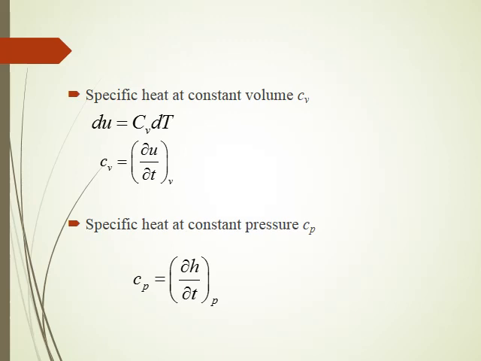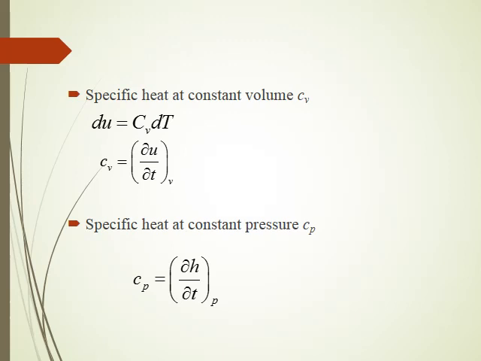So this gives me the definition of Cv, which is nothing but the change in internal energy per change in temperature when volume is kept constant. Similarly, the specific heat at constant pressure can be obtained by considering a constant pressure expansion or compression process instead of constant volume. For this we can say that Cp is equal to the change in enthalpy per unit change in temperature when pressure is kept constant.